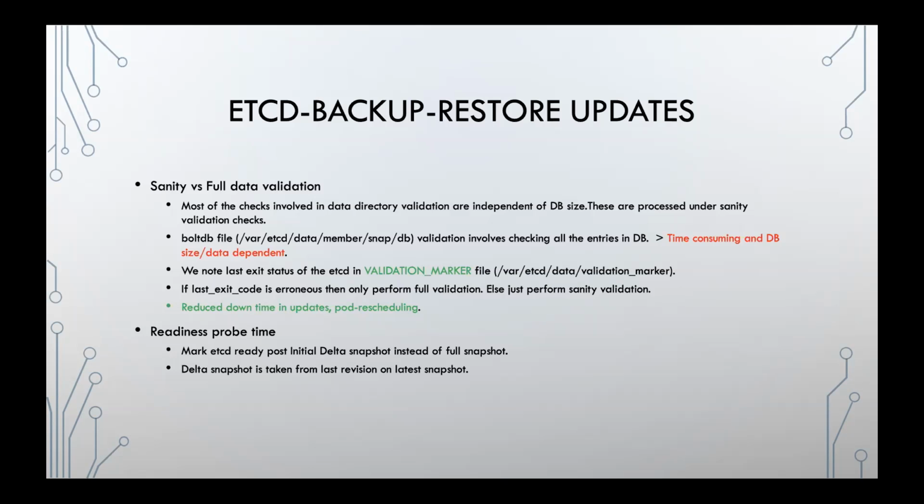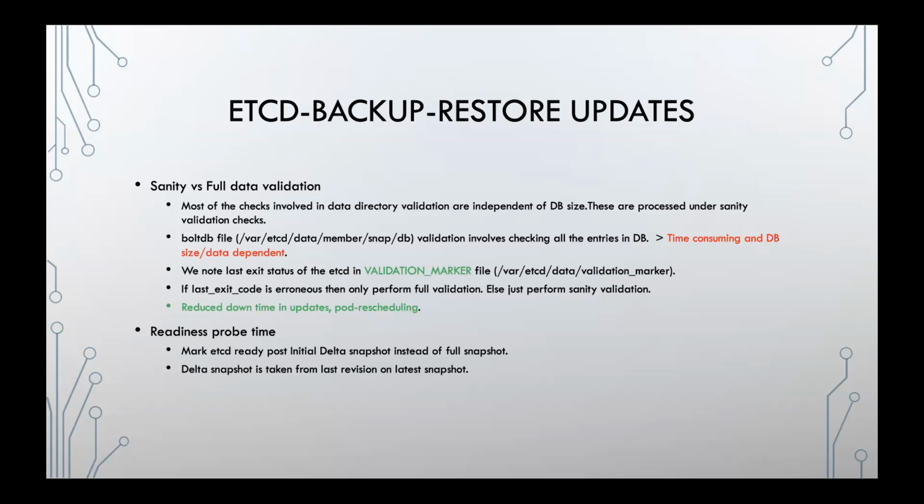So in such a case we mark the validation marker with the ETCD status, and since ETCD terminated gracefully, we just do sanity validation. So next time when ETCD is started, we don't do the entire DB file check, and this optimizes on time. In the other case, if we really find that the ETCD DB is corrupt and there is some erroneous exit code, then we do the full validation check, and it might take time. So this was one of the optimizations.